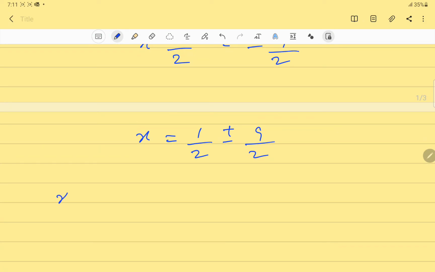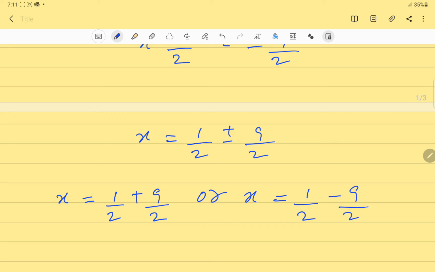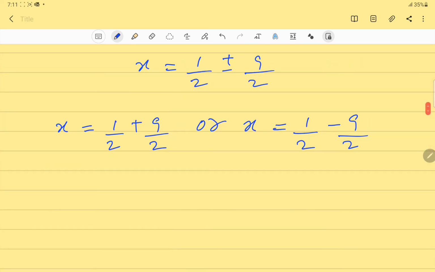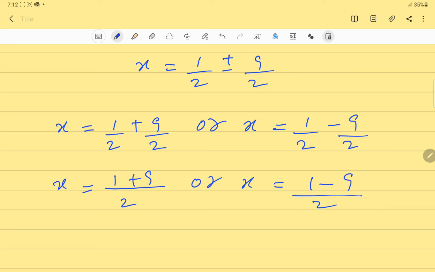Now we have two values of x. x is equal to 1 over 2 plus 9 over 2, or x is equal to 1 over 2 minus 9 over 2. 1 over 2 plus 9 over 2 is 1 plus 9 over 2, and the other x is 1 minus 9 over 2.